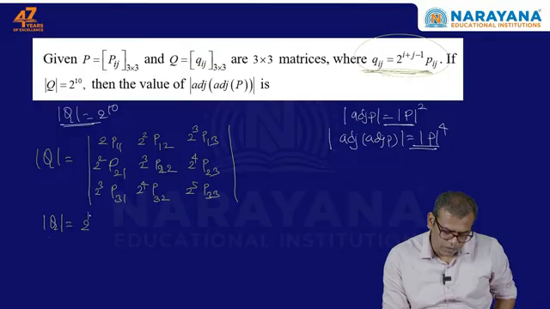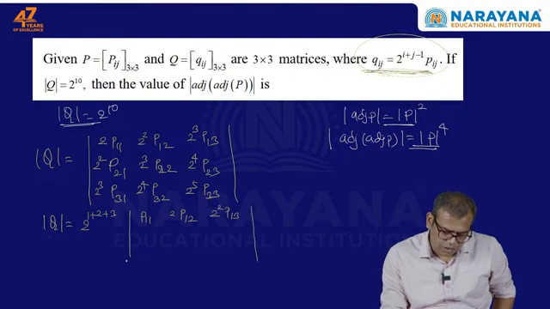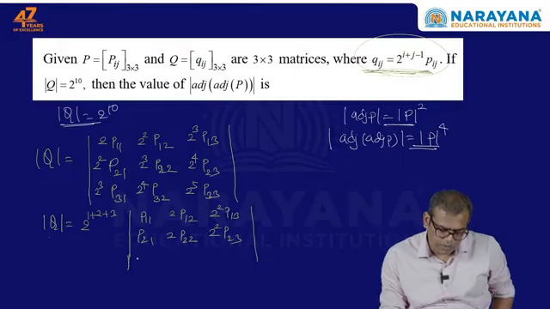So 2 to the power 1 plus 2 plus 3, and what remains? p11, 2 into p12, 2 square p13, and in the second row, p21, 2 into p22, 2 square p23, and next the third row, p31, 2 into p32, and 2 square p33.